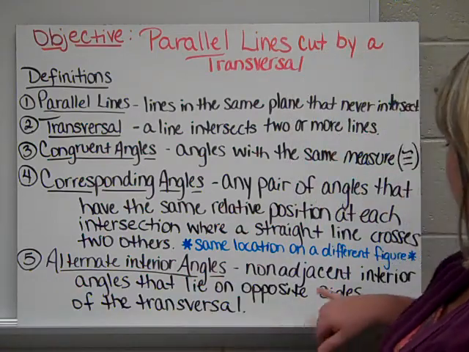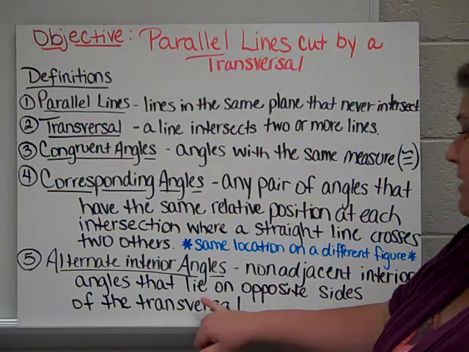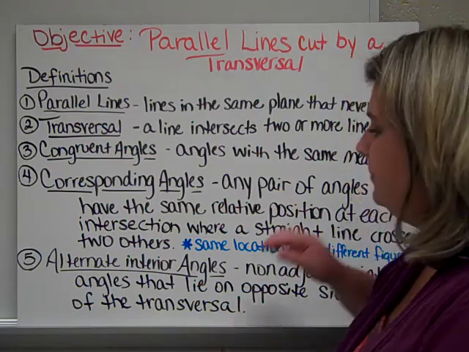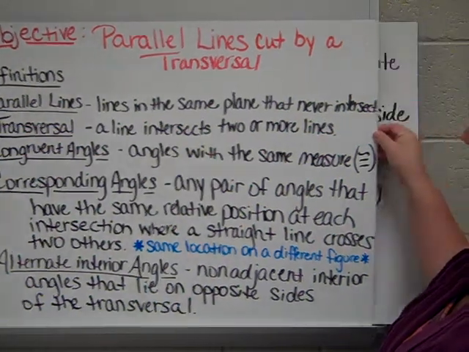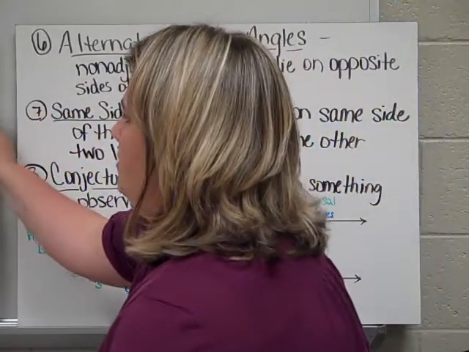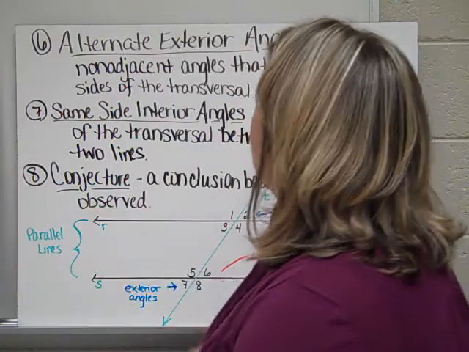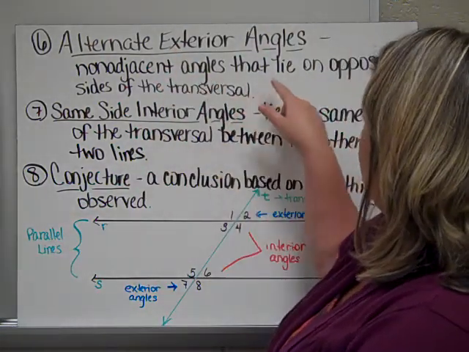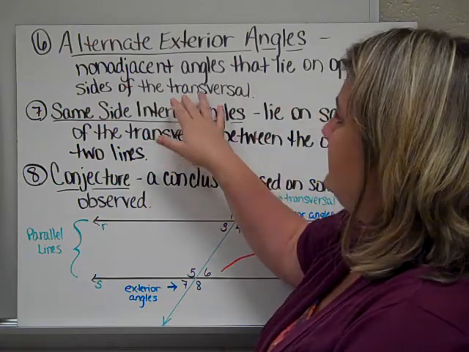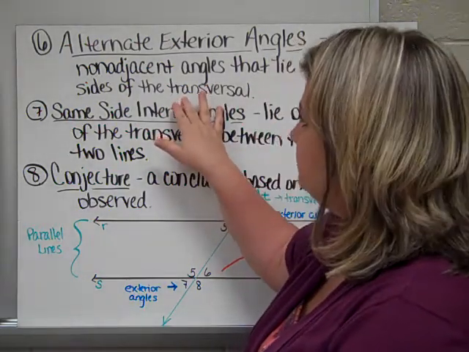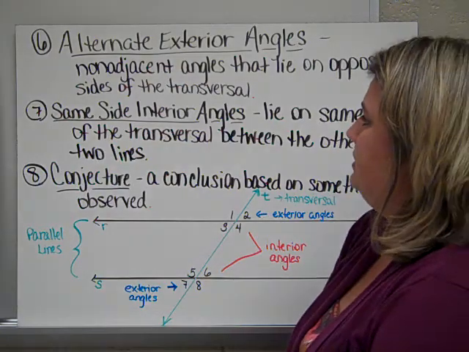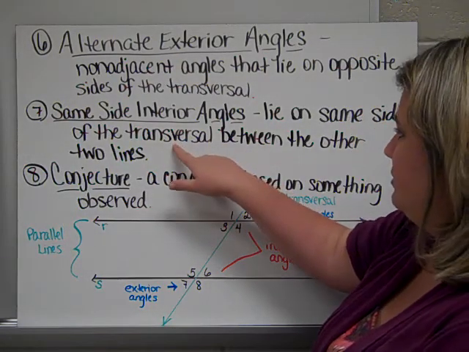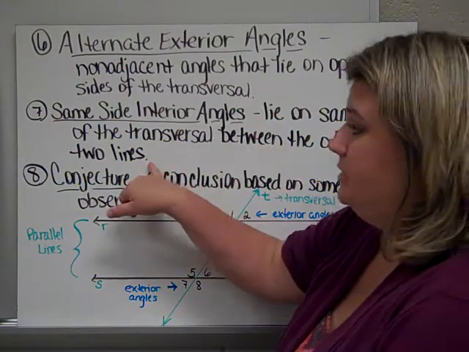Alternate interior angles are non-adjacent interior angles that lie on opposite sides of the transversal. Alternate exterior angles are non-adjacent exterior angles that lie on opposite sides of the transversal. Same side interior angles lie on the same side of the transversal between the other two lines.